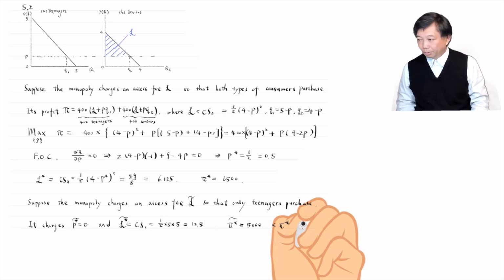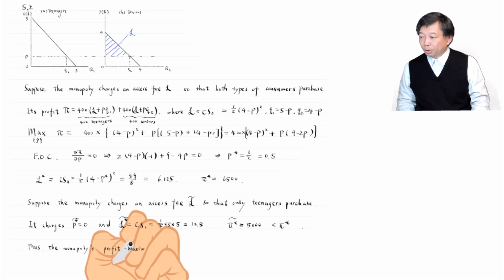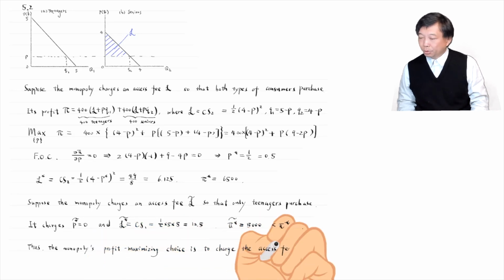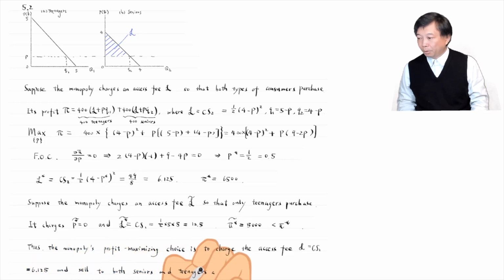But in this case, the firm's profit is 5,000, which is lower than the first case. Thus, the monopoly's profit-maximizing choice using two-part pricing is to charge the access fee equal to the seniors' consumer surplus, 6.125, and sell to both seniors and teenagers at the price of 0.5.